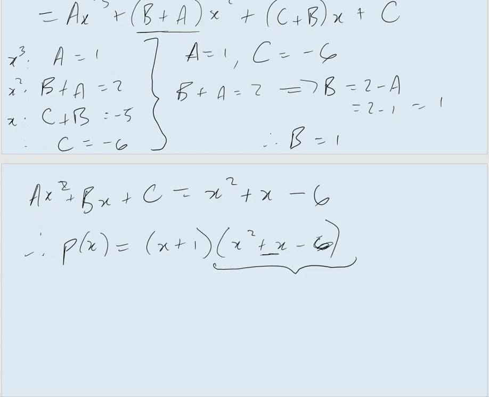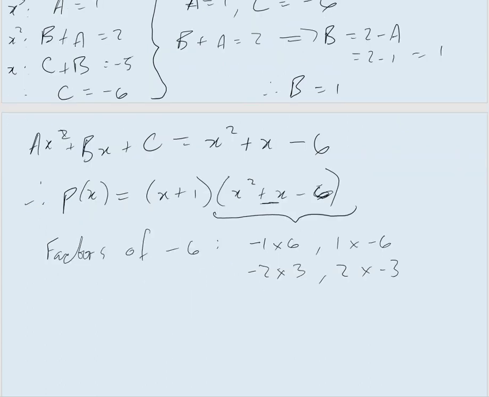Factors of negative 6 are, I suppose, negative 1 times 6, 1 times negative 6, negative 2 times 3, 2 times negative 3. So we need to pick factors here that when added give us this middle term of positive 1x. So that would be 3 and negative 2. Positive 3 plus negative 2 gives us positive 1.